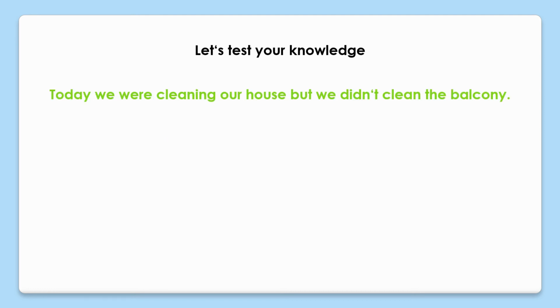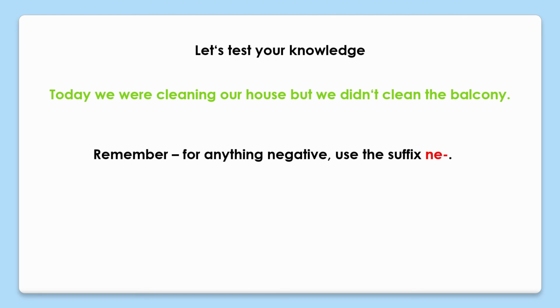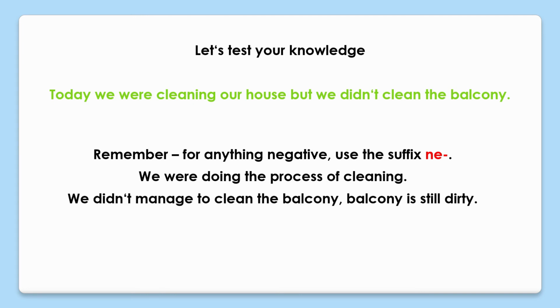Another example, today we were cleaning our house but we didn't clean the balcony. Again, there's the negative. So we were doing the process of cleaning, but we didn't manage to clean the balcony. The balcony is still dirty.